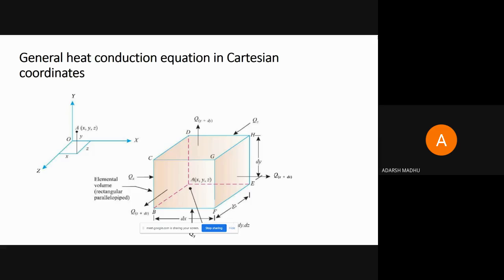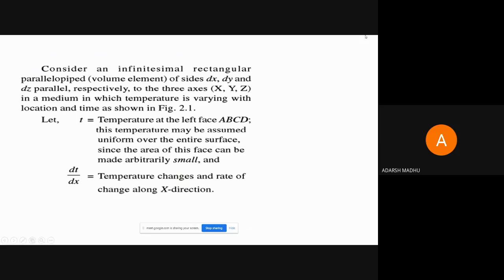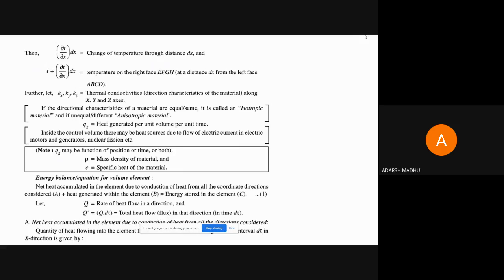Before that, I'm just rewinding the derivation that we studied yesterday. Here we are finding the net heat accumulated in the element due to the different directions, x-axis, y-axis, and z-axis.